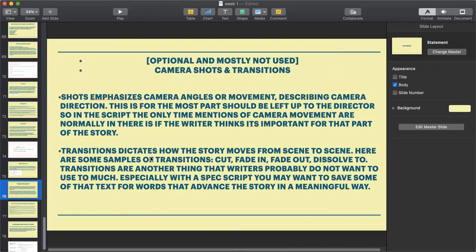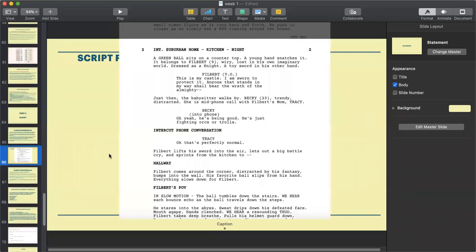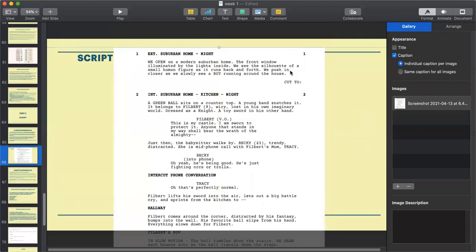Transitions are another thing that writers probably do not want to use much. Sometimes they will use them, especially with a script where you might want to save some of the text for words that are once. So transitions are sometimes used by script writers, sometimes not. Here you can see cut to. This is a transition.